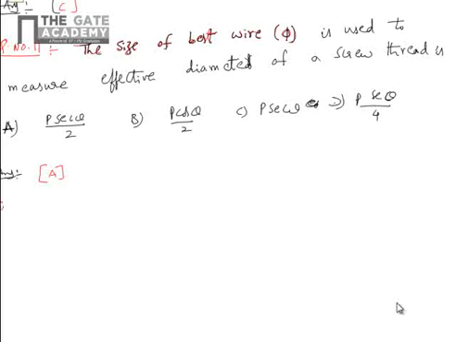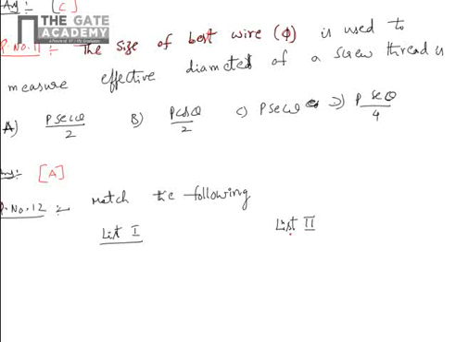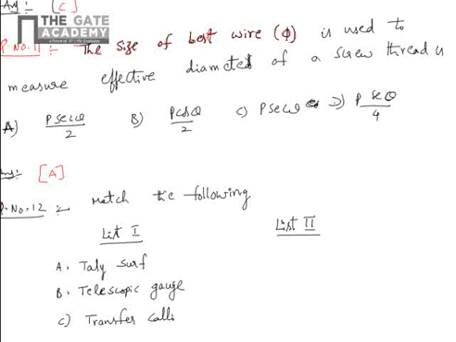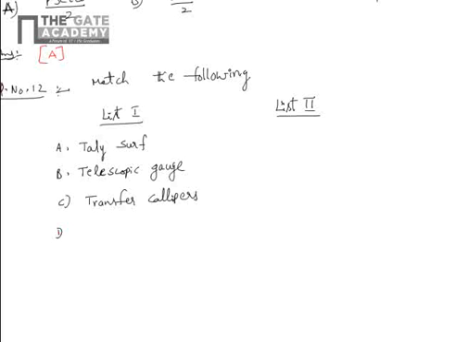Next, match the following. List 1: A, tally surf, B, telescopic gauge, C, transfer calipers, D, autocollimator.